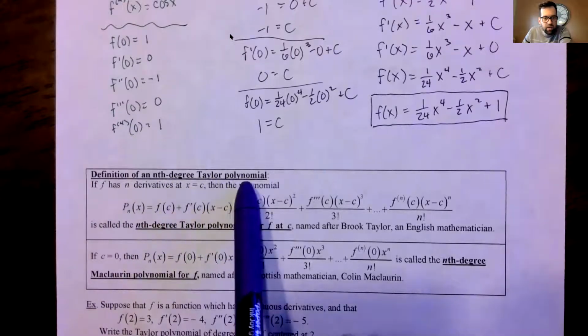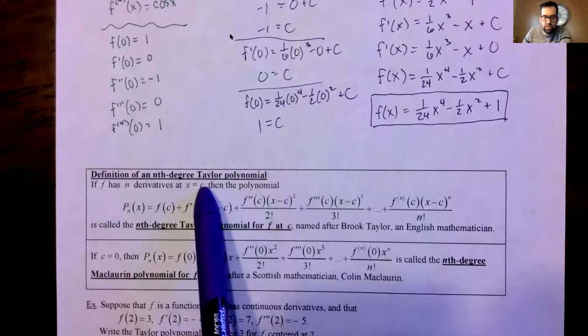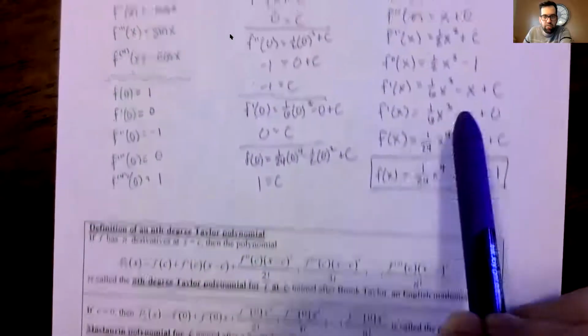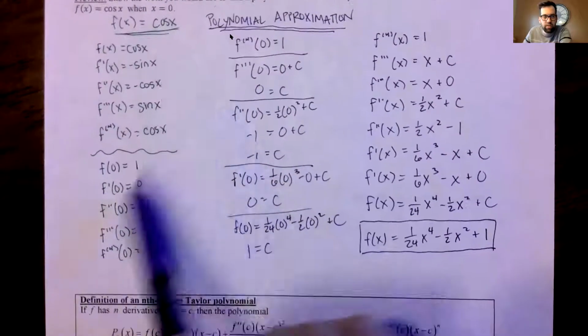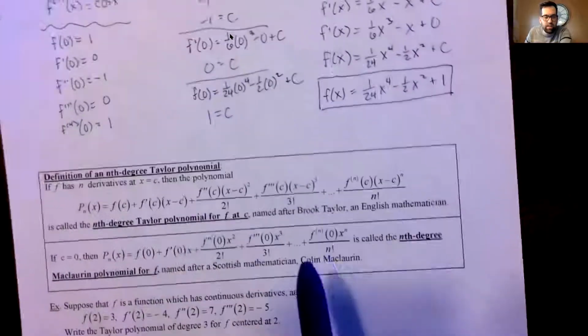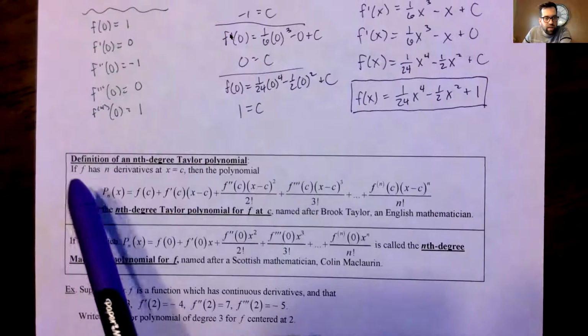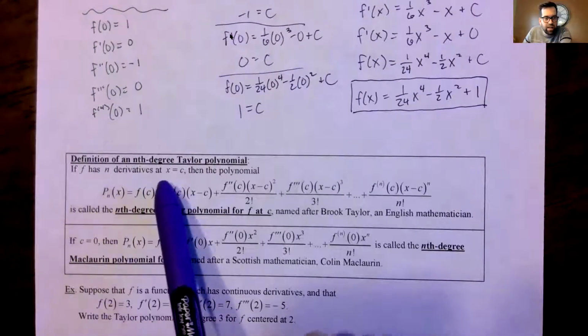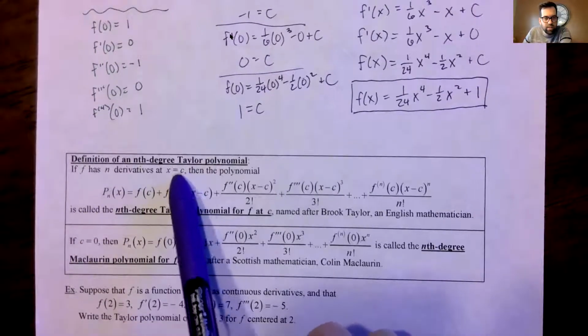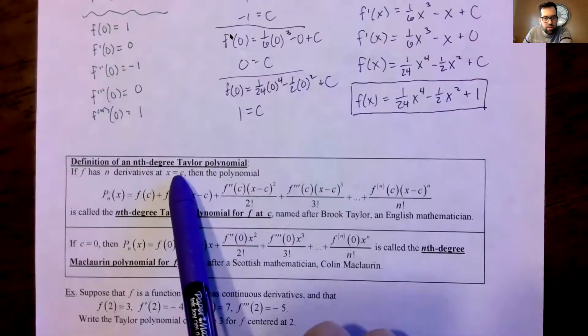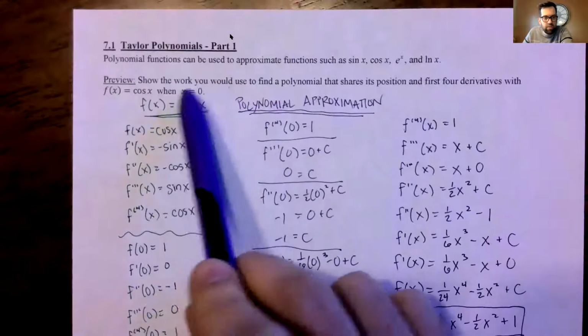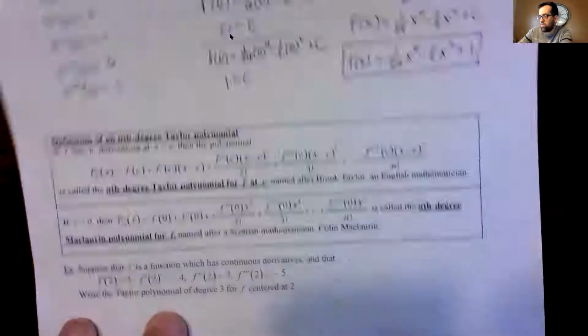So a Taylor polynomial is the description that we are going to be using for this kind of polynomial approximation for some other function. You can see here it's named after Brooke Taylor, an English mathematician. So if f has n derivatives at x equals c, so x equals c is going to be where we're centered around. In this first problem, we were centered around x equals 0.